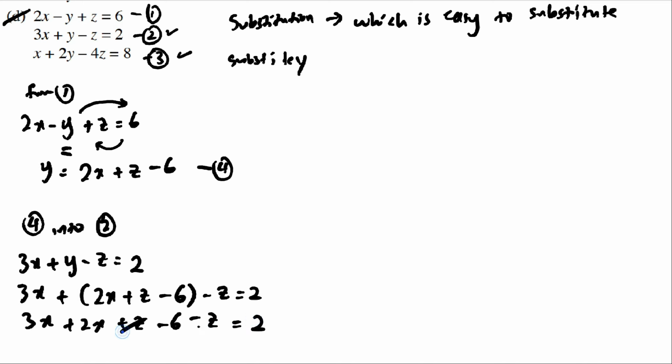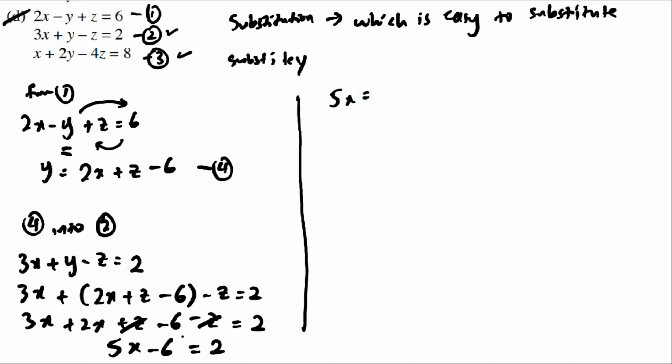You can see that z can be eliminated. 3x plus 2x is 5x. 5x minus 6 is equal to 2. 5x is equal to, when negative 6 moves to the other side, it becomes positive, 2 plus 6, which is equal to 8. x is equal to 8 divided by 5.